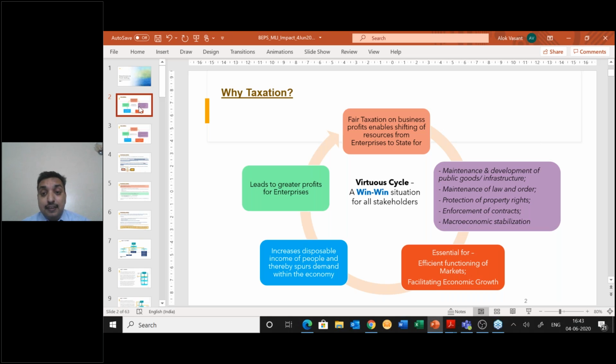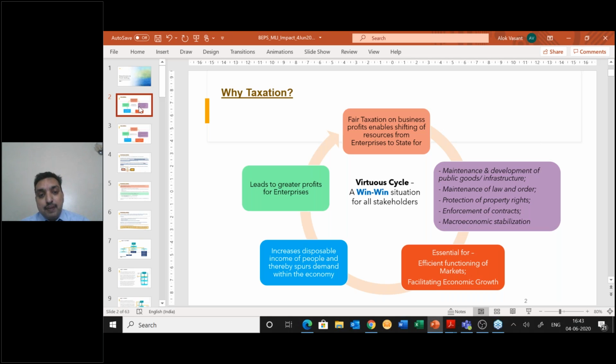Now, what does it result into? It results into efficient functioning of markets, because if people are able to get money and there is law and order in the country, there is protection of property, there is enforcement of contracts, the markets function efficiently, and that results in facilitating economic growth.